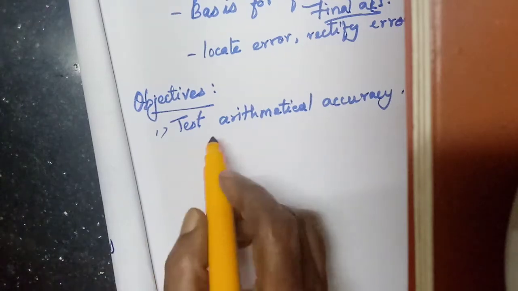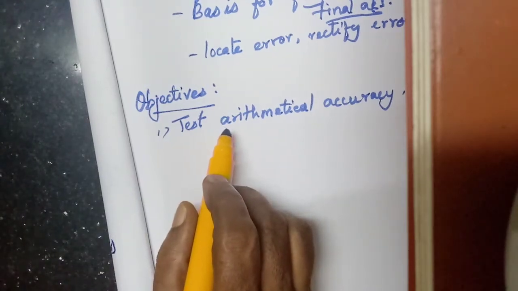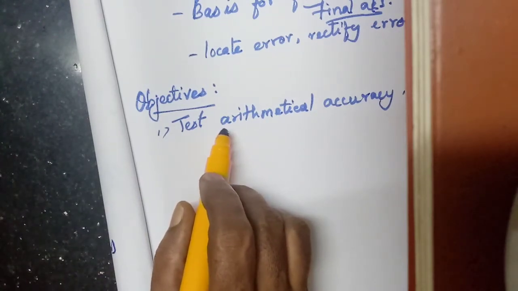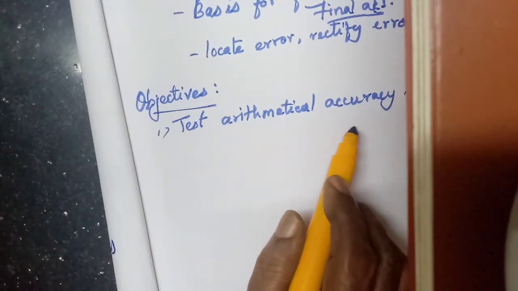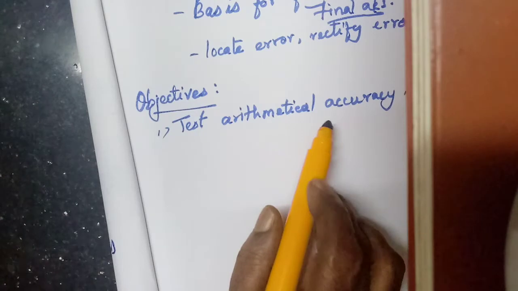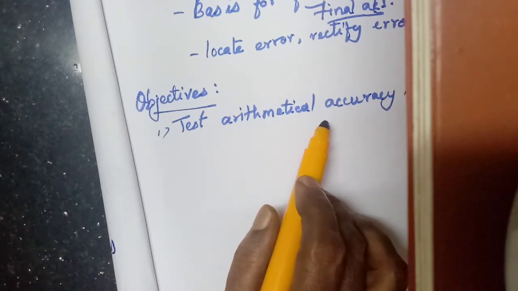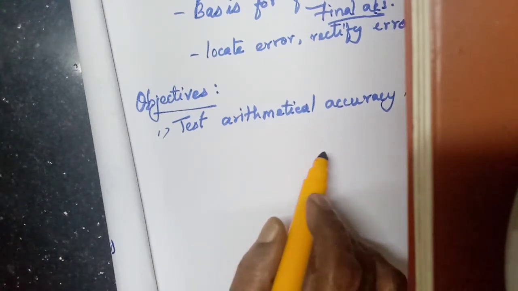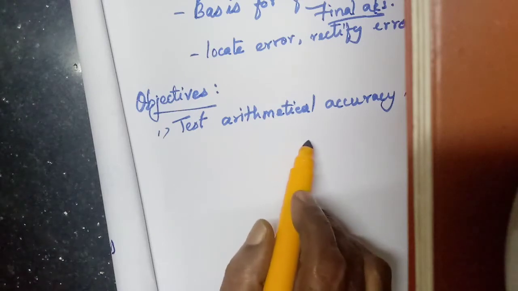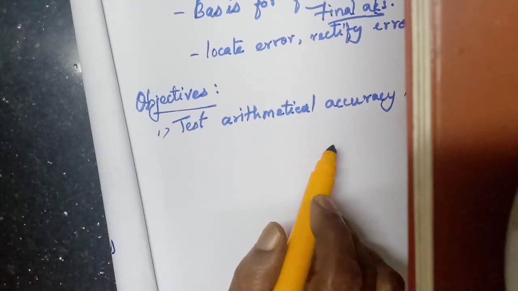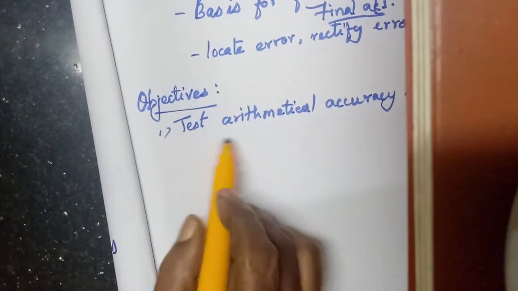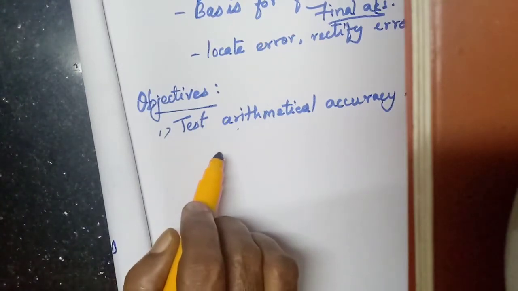Here you have to think one more thing. If the debit column does not tally with the credit column in the trial balance, then we can conclude there is an error. But some errors are there that will not be disclosed in the trial balance.